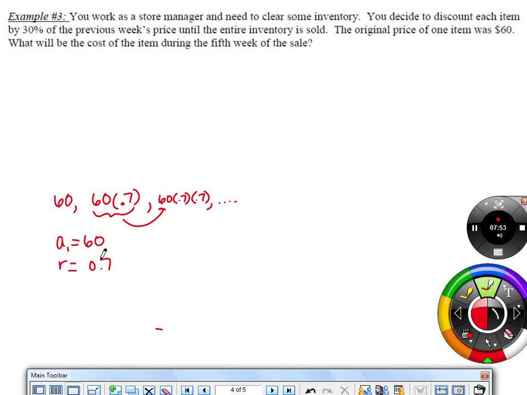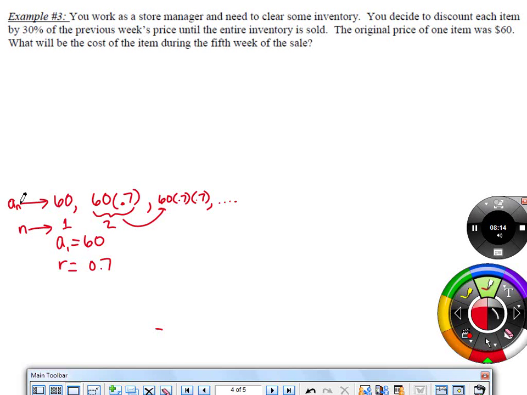The question says, what will be the cost of the item during the 5th week of the sale? So this is week 1, week 2, etc. Remember, your n here is like the week number, and your a_n here is like the cost that week.